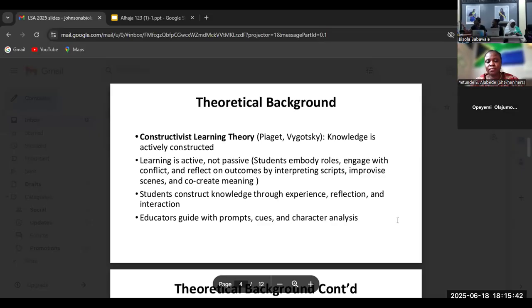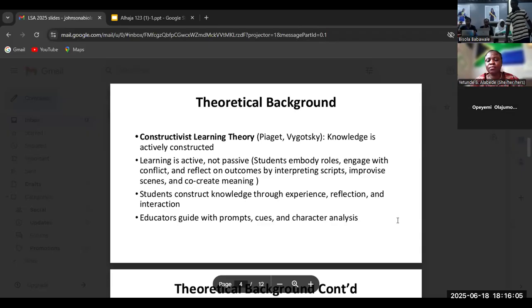Theater rehearsals provide an emotionally and cognitively rich environment, a space for exploration, discussion, and experimentation. And lastly, this theory helps students make meaningful connections between rehearsals, real life, and academic goals.